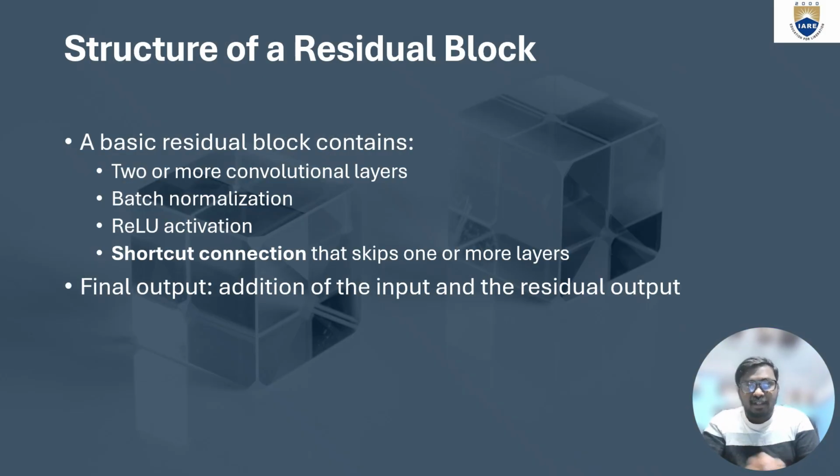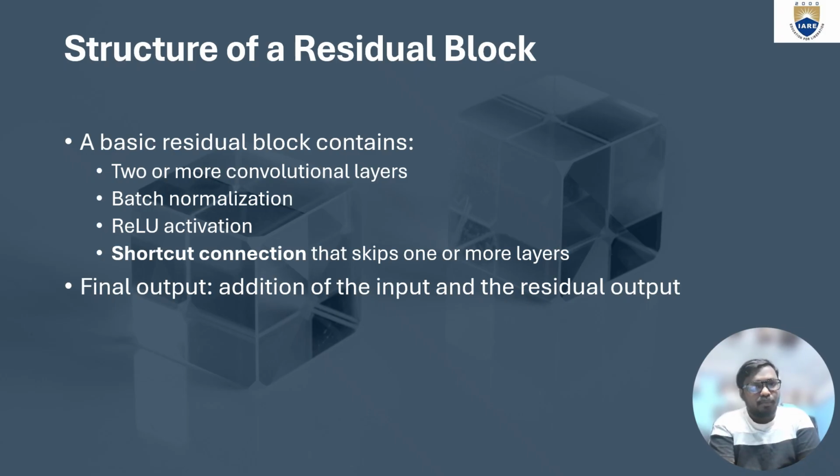Structure of a residual block. A basic residual block contains two or more convolution layers with batch normalization and ReLU activation, and a shortcut connection that skips one or more layers.